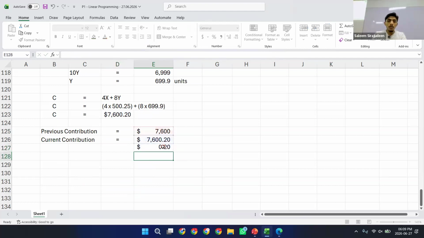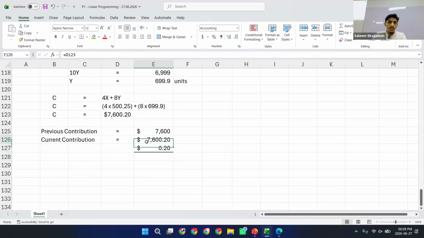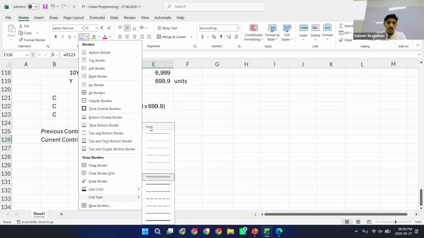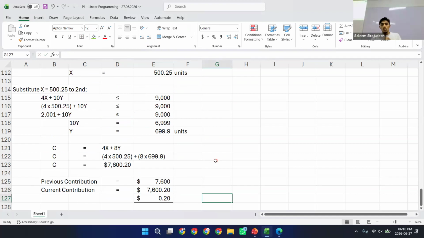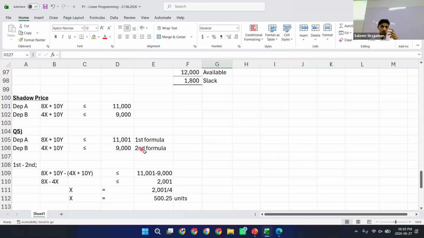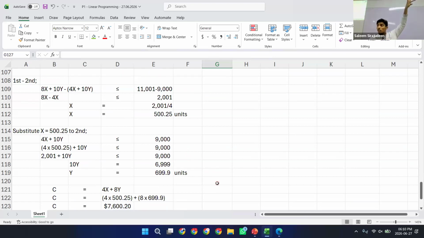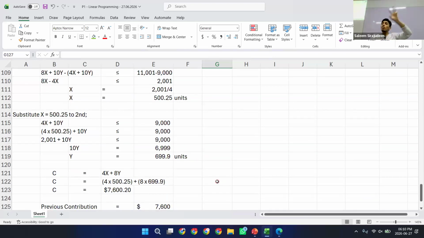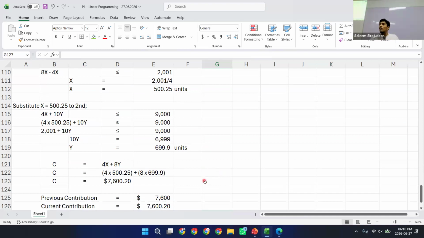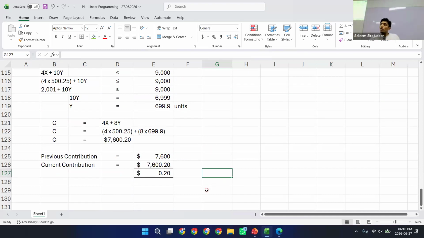Then tell me, by how much is your contribution increasing? 0.20. So if you get one hour of Department A, your contribution will increase by 0.20 dollars. Then maximum, how much extra amount will you pay? 0.20. Will you pay more than 0.2? You might pay less than 0.2, but what is the maximum? 0.2.